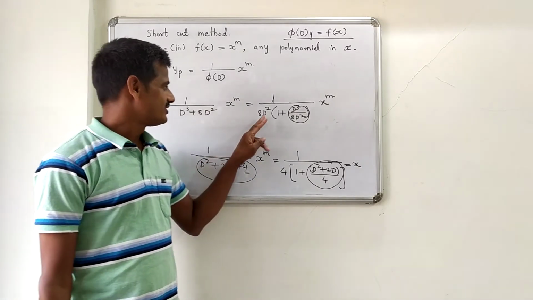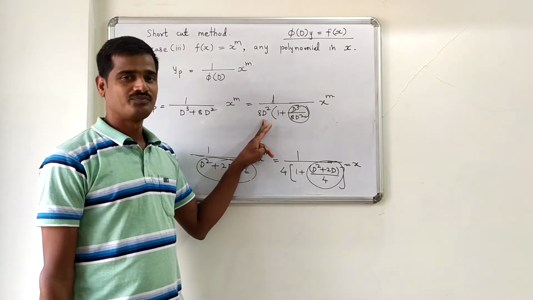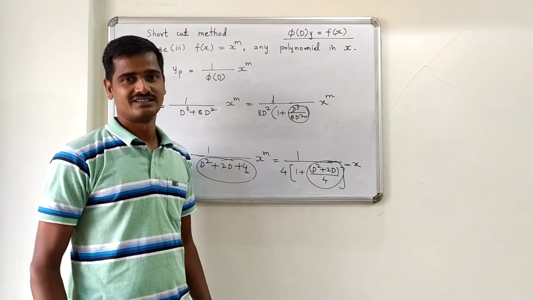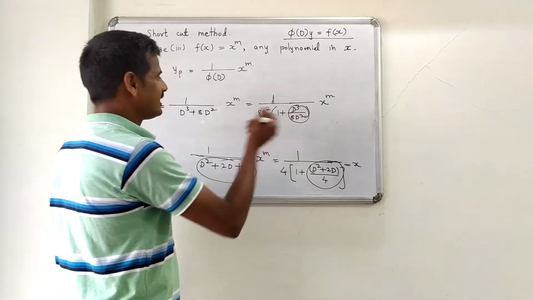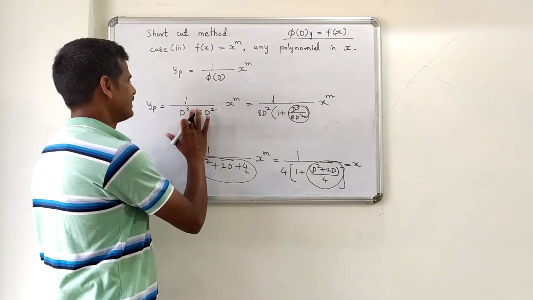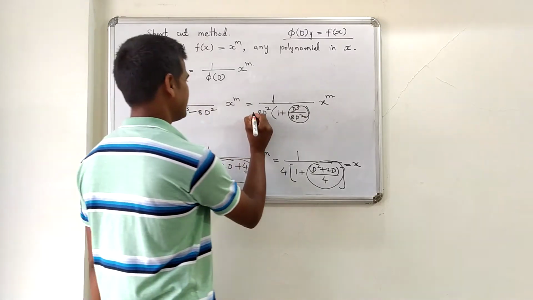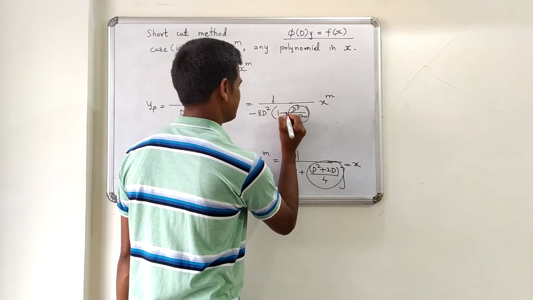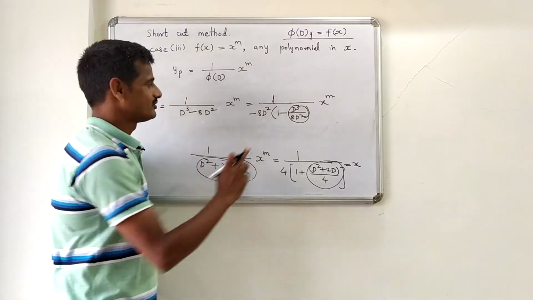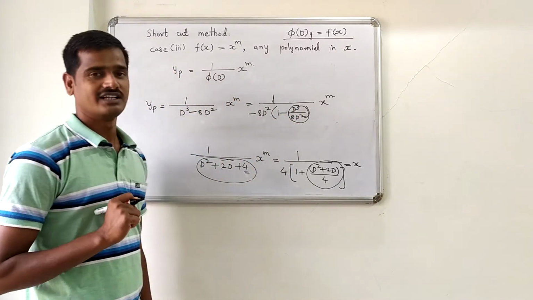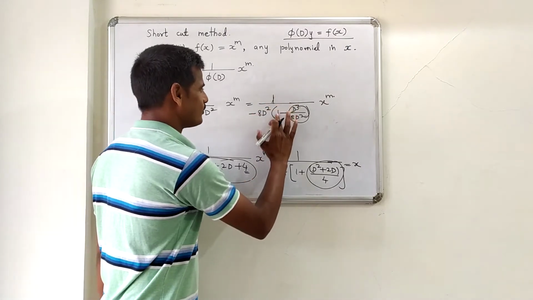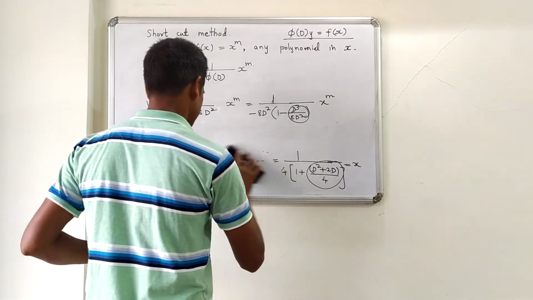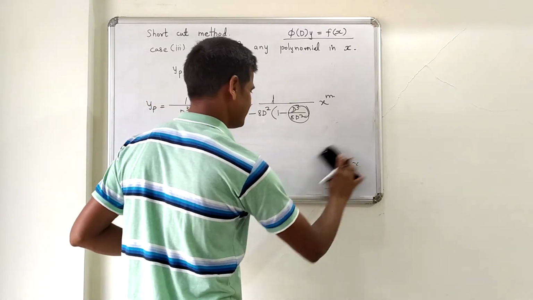So take the lowest degree term in that expression common and write the expression in the form of 1 upon 1 plus x. And when will you get the negative sign? So if I write here minus 8D square, then what will happen? I have to take minus 8D square common. And then I have to write a negative sign in the bracket. Now it is in the form of 1 upon 1 minus x. Okay. So we will discuss one example based on this technique.